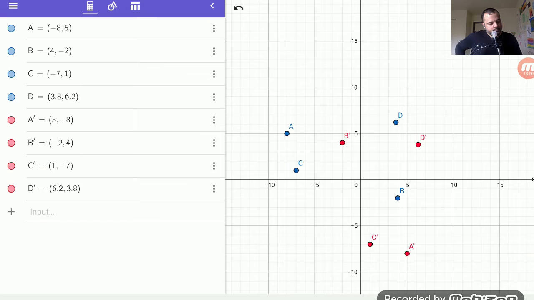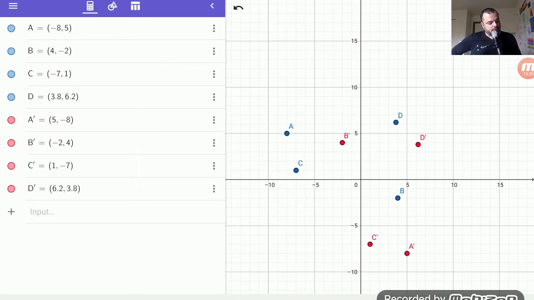Now let's look at this. So D and D prime, B prime, A prime, and C prime. Look at the distance between these guys. And if we think about matching these points, like D with D prime, B prime with B, A with A prime, and C with C prime, we are going to notice something.